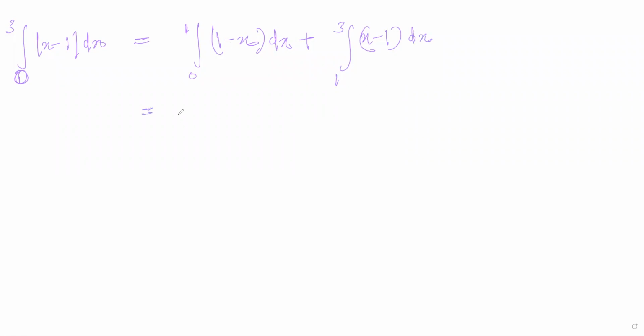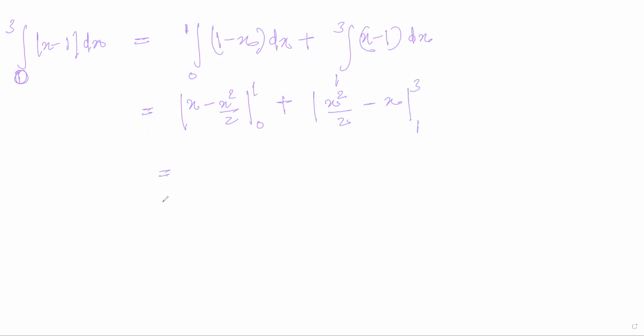Now the integration of this would be x minus x square by 2 from 0 to 1, plus x square by 2 minus x, since the integration of 1 is x, from 1 to 3.